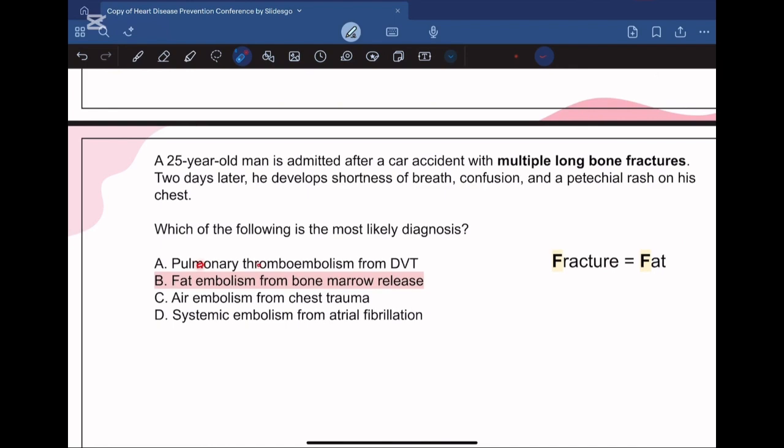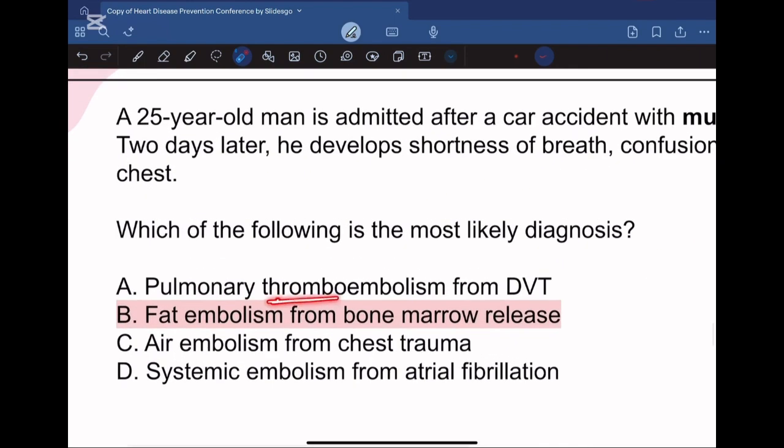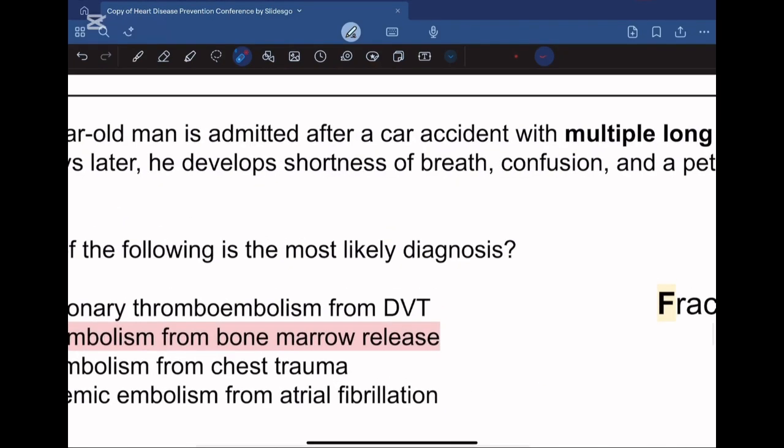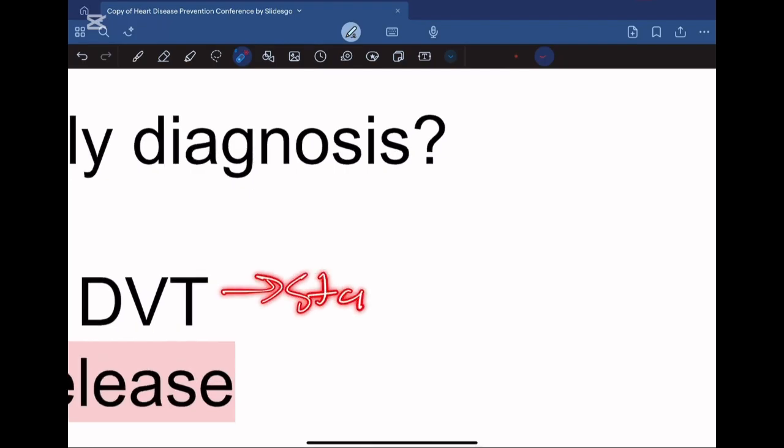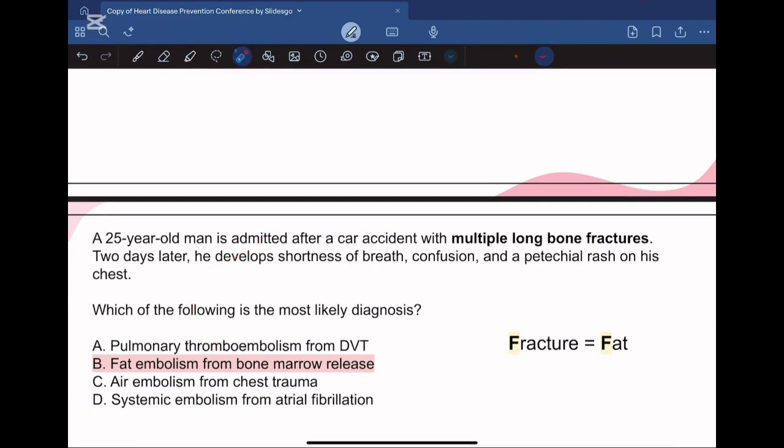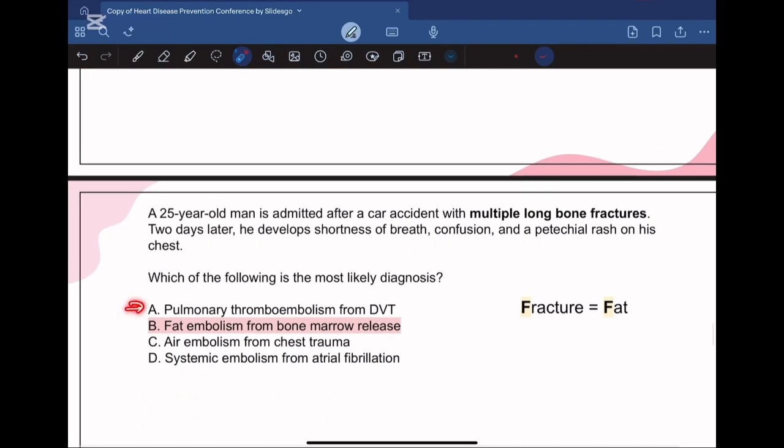So pulmonary thromboembolism: we have a thrombus that turned into an embolism, as we said, and it went to the lungs from the venous thrombosis. And we said the most important thing in venous thrombi is stasis. Is there stasis in the case? Did they tell us that he's hospitalized, that he had an operation? No. So we eliminate this. And we know that 95% of pulmonary thromboembolism comes from DVT.